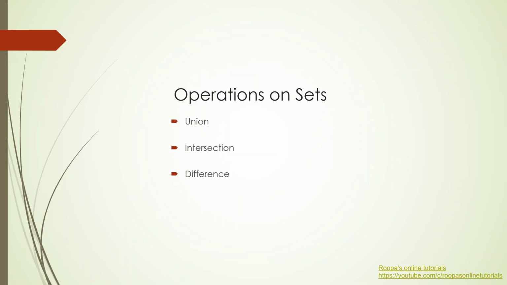Let us look at the operations on sets. So there are 3 operations: union, intersection and difference. Just like in maths, union is just taking all the elements in both the sets. So here, for example, you have set 1 with all these elements 1, 2 and 3, and you have set 2 is equal to 3, 4, 5, 6.